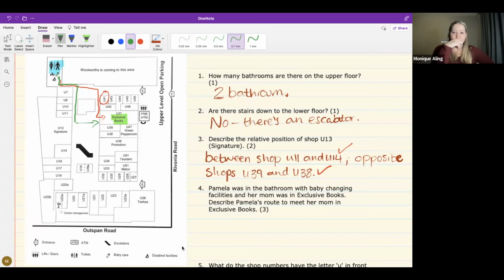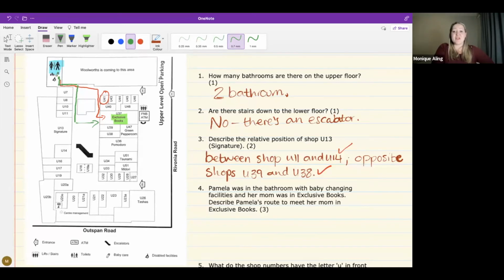Okay, yeah, that one also works. I just don't know the turn left at the Woolworths part. But turn right between shop 7 and 41 is good. Walk straight and Exclusive Books is on your left. That also works, yes.